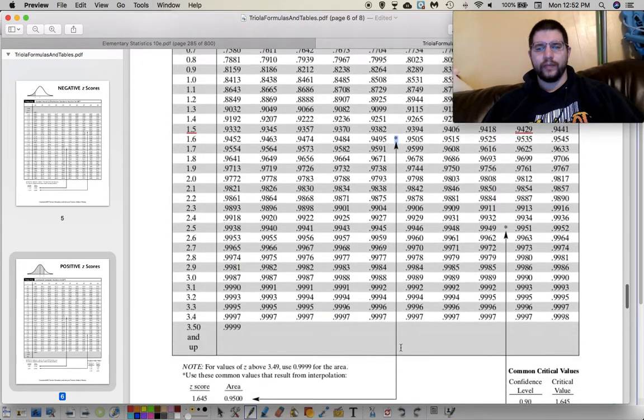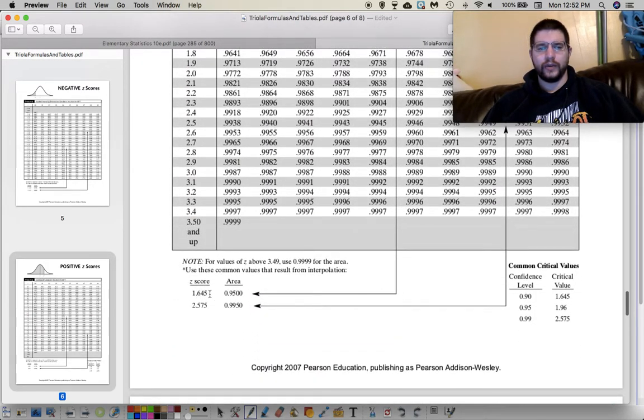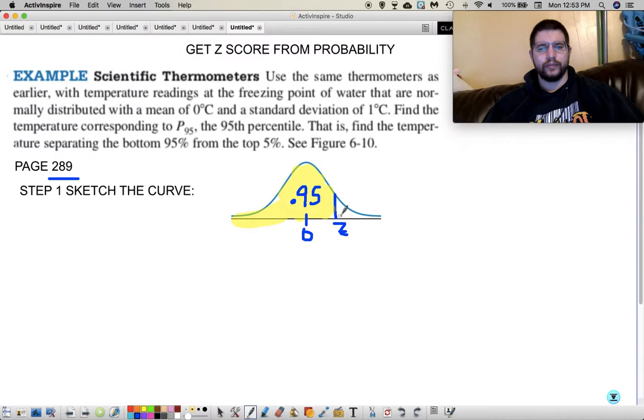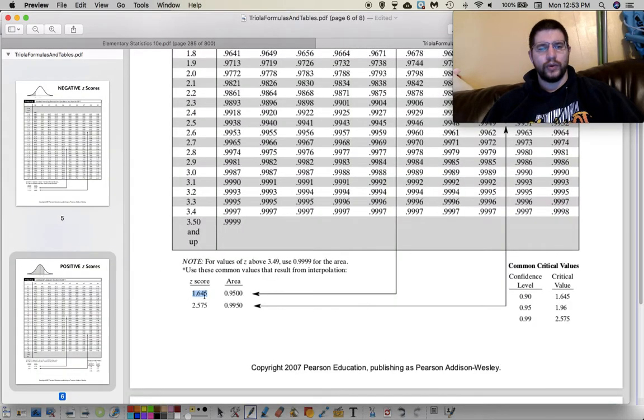Probably it means something. Oh, there we go. For 0.95, since it's a very special number, it's used very often, they go to 3 decimal places on their z-score, 1.645. Typically, we can get by with just 2. But if we look at it, z is going to be 1.645.